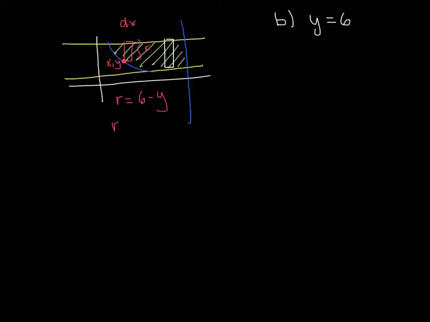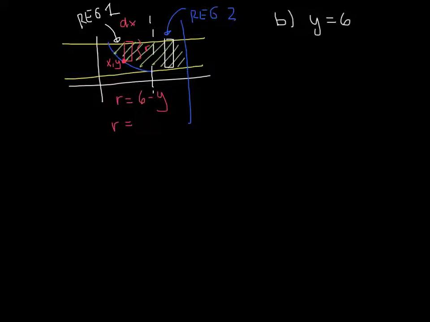So for the radius, why don't we just do this? We'll call this region 1, and over here we'll call that region 2.